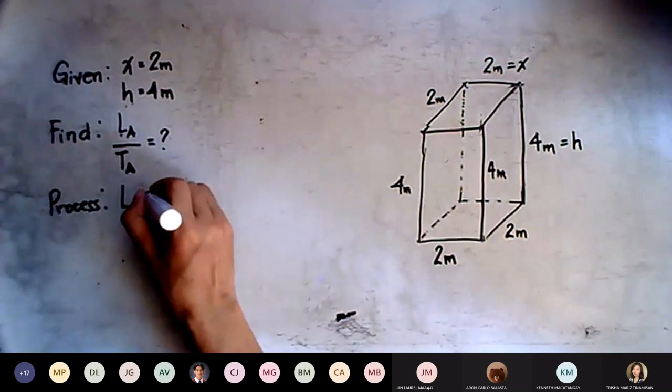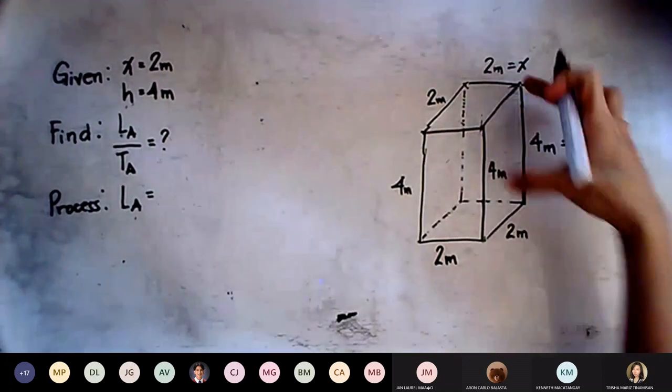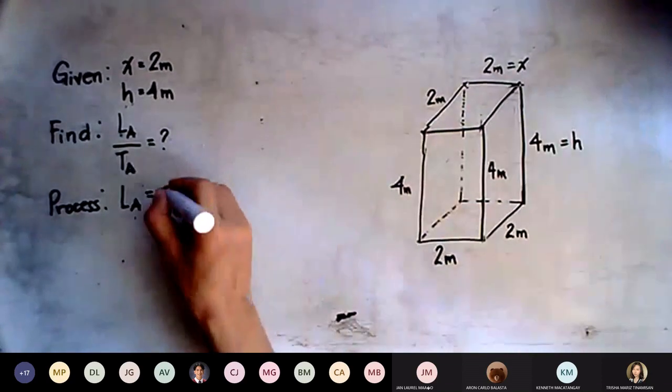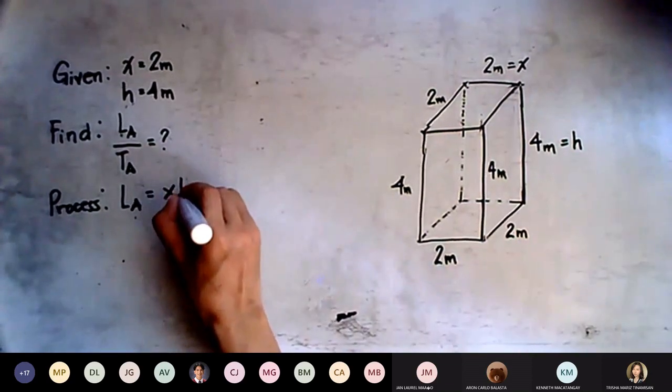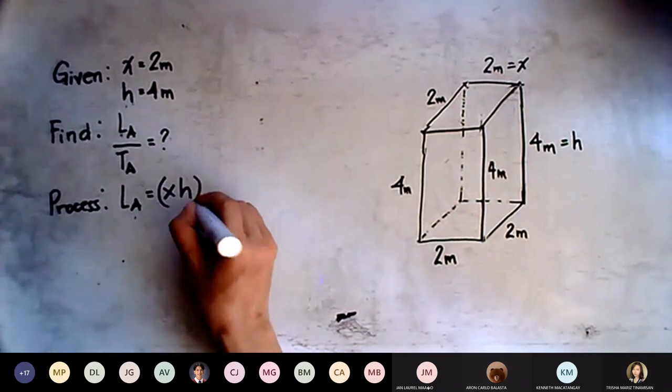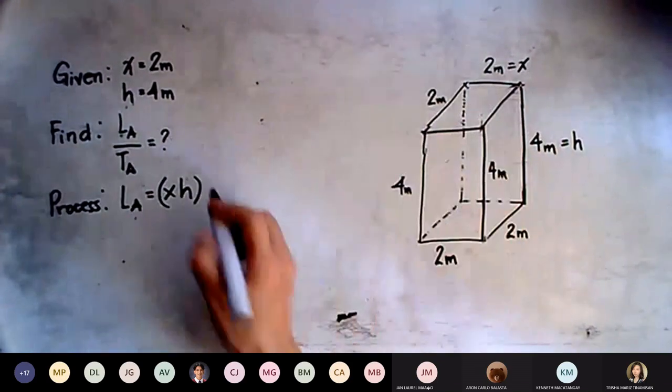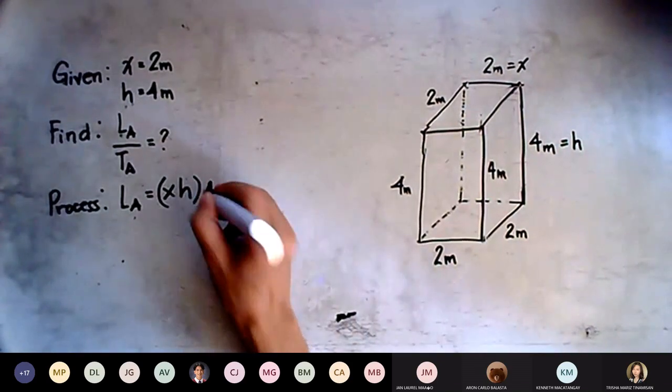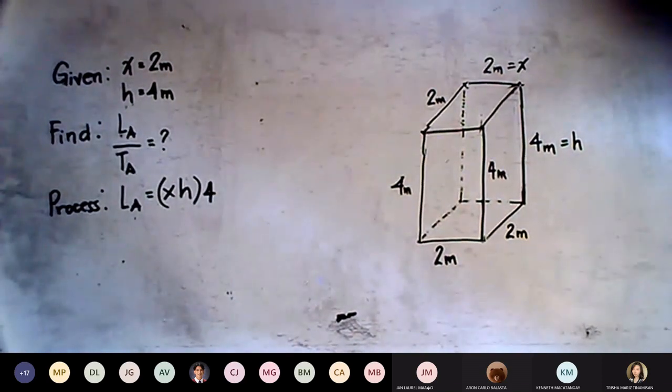So one lateral face is x times h, and since we have 4 lateral faces, you multiply it by 4.